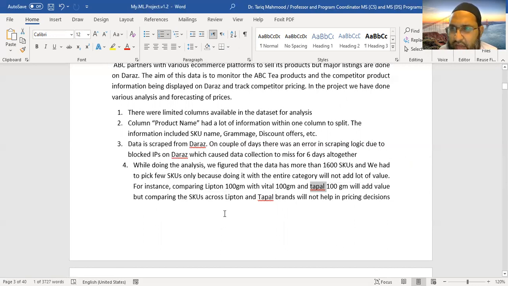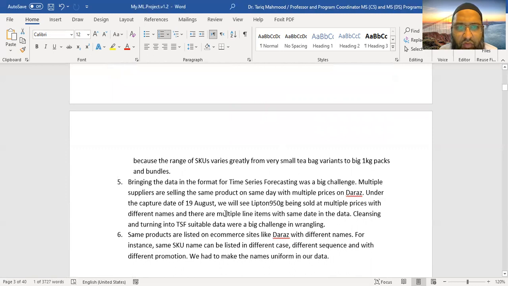That's the business decision making that we had to do, as the range of SKUs varies greatly from very small tea bag variants to big 1 kilogram packs and bundles. The tea comes in maybe 15 to 20 different formats, weights and package sizes.